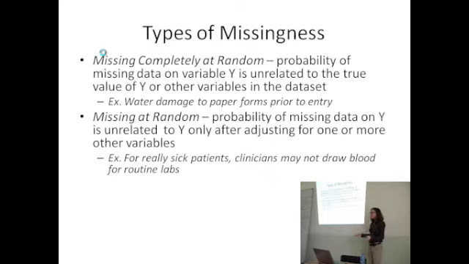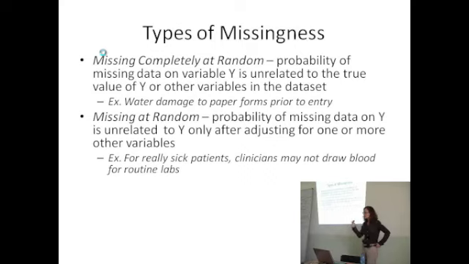So this is going to be a problem, right? Because if the clinicians fail to draw blood on all those patients who are sick, then you may not see any high white blood cell counts in the database. All those data will be missing.